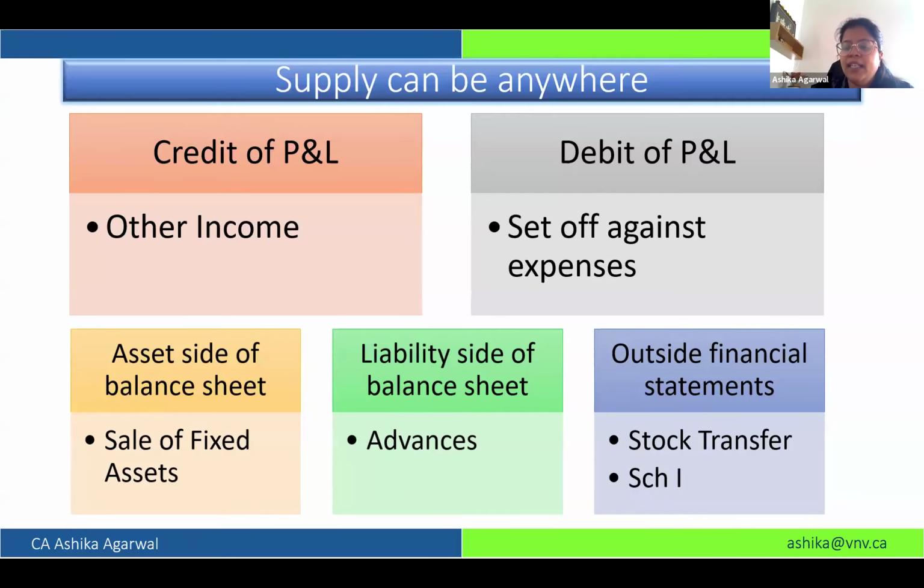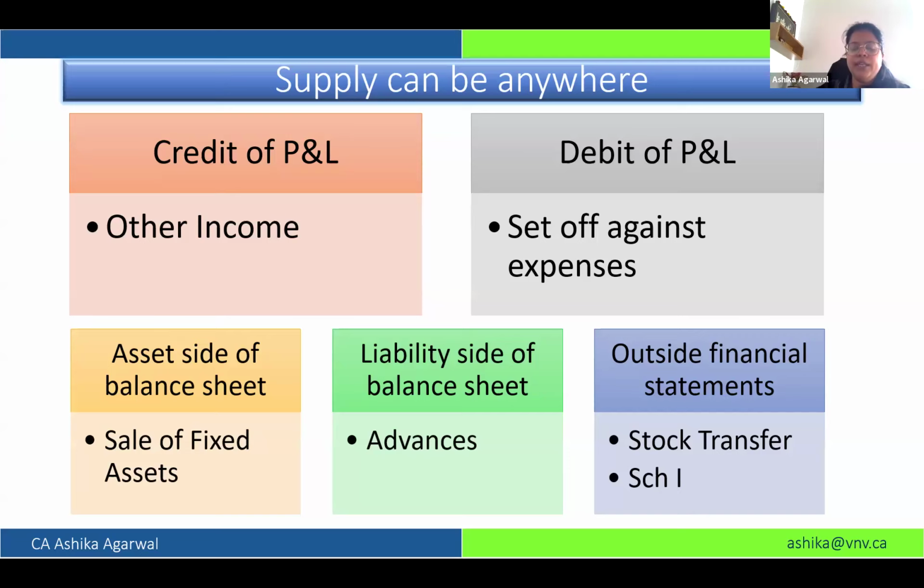On the liability side of the balance sheet, regarding advances which I just mentioned, you have to go to your balance sheet, current liability, and identify any advance from customers you have reported. If there, only in case of service, you have to add and pay the taxes. These are outside the financial statement, which we discussed under Schedule 1, deemed supply. So that also you need to take care.